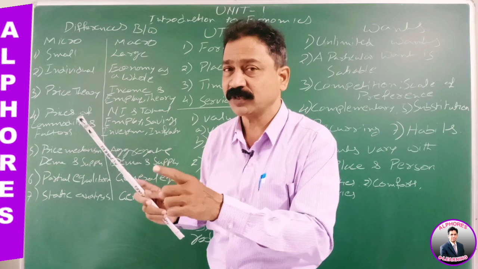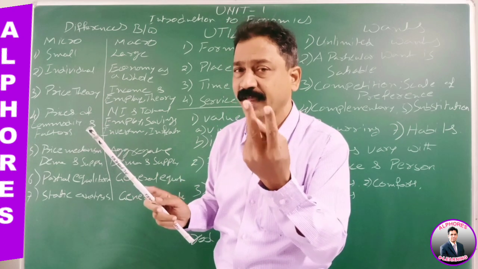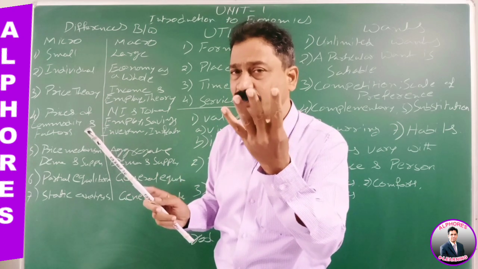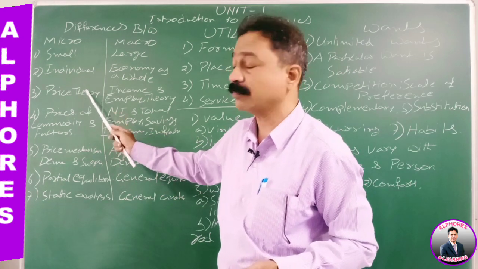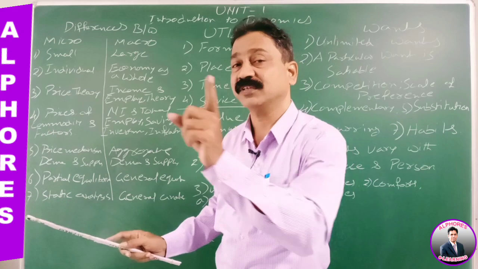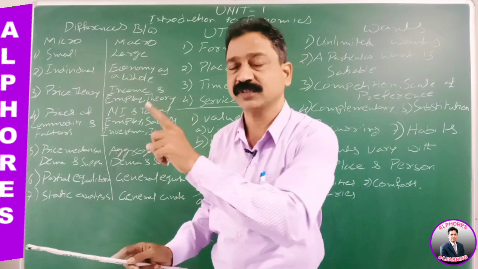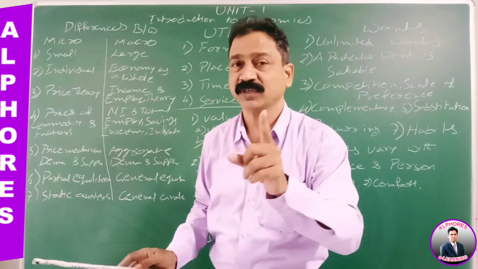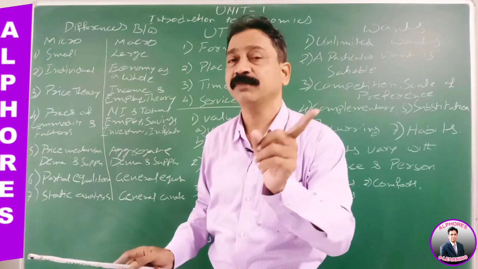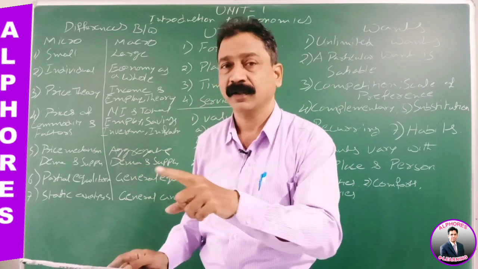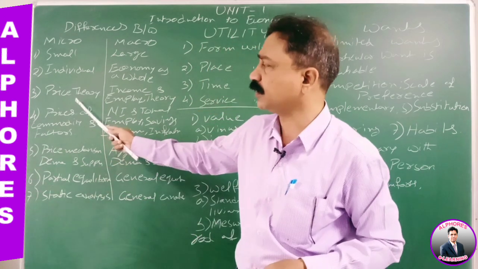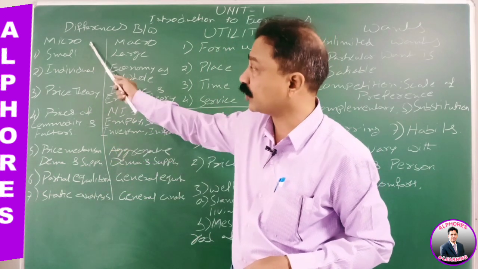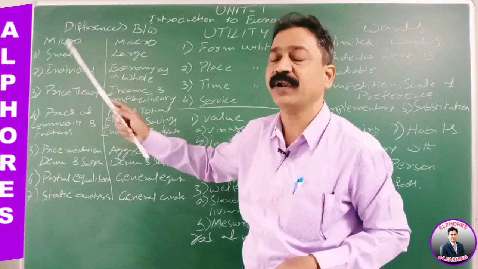Factor cost depends upon rent, wage, interest and profit. So microeconomics is all the time discussing prices, prices of factors, prices of products, how these prices are going to be decided. All those discussions come under price theory. That's why microeconomics is also called price theory.